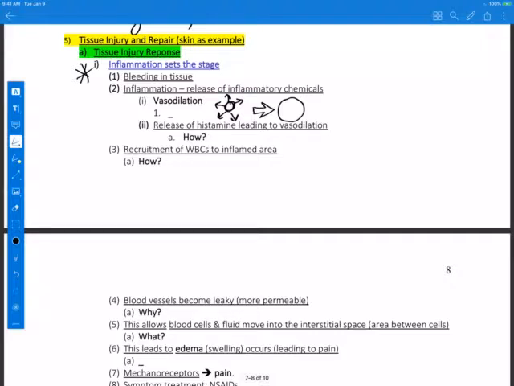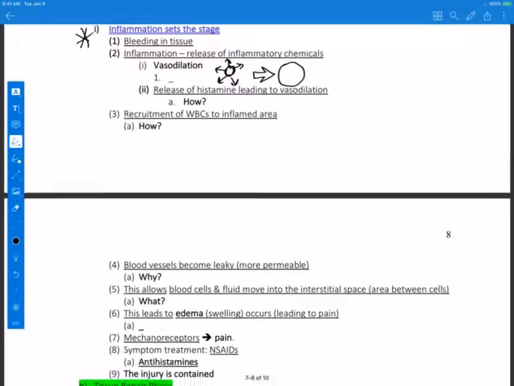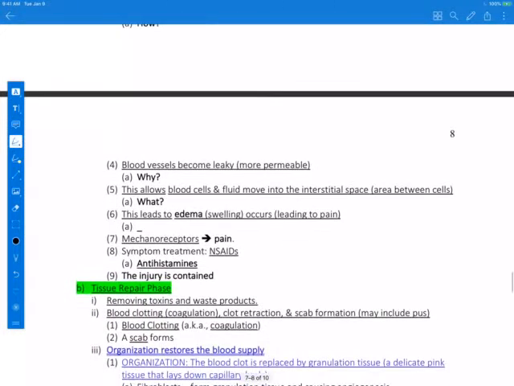Basically, the increased blood flow and the inflammatory chemicals like histamine attract the white blood cells. It's like they put out this little beacon that calls the white blood cells to the site of the inflammation. And that causes these blood vessels to become more leaky. They're more permeable because of the histamine and the other inflammatory chemicals.